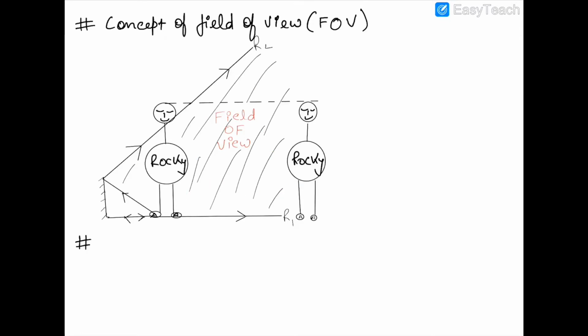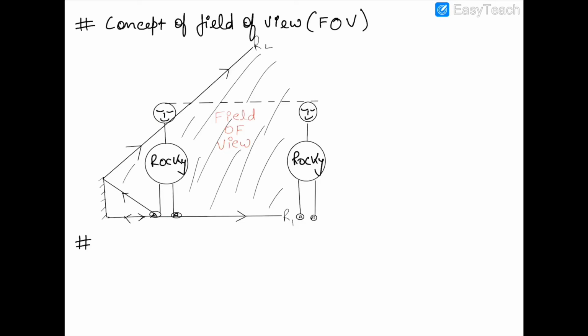Now, initially Rocky is standing so close to the mirror that his eyes, these are his eyes, are not in the field of view. You can see the eyes are outside the field of view. So none of the reflected rays coming from the mirror go into the eyes of Rocky. Hence he is not able to view his shoes.